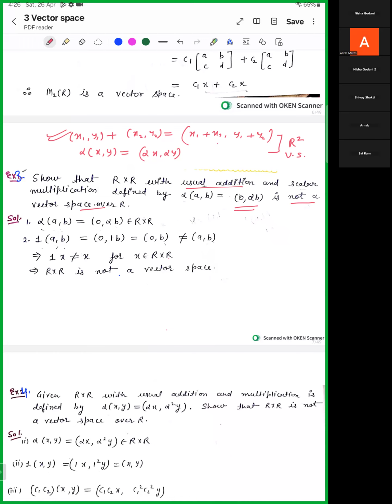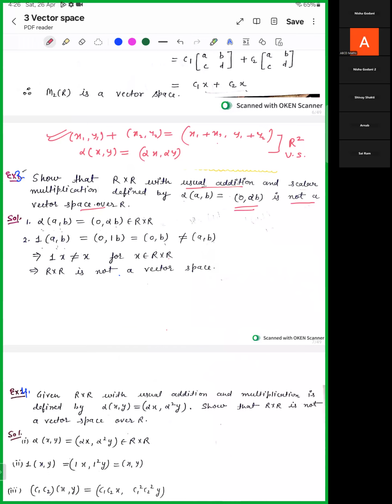We can only check for the axioms of scalar multiplication, not for all, because there are 10 axioms to be checked for a vector space, but for a space not to be a vector space, we have to show that if only one axiom is not satisfied, then it is not a vector space.